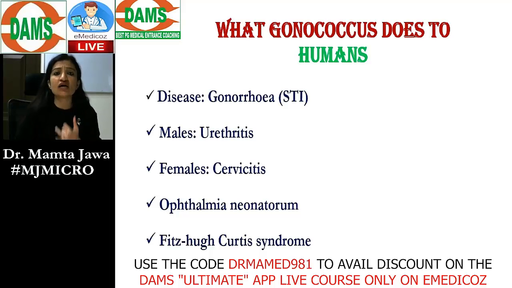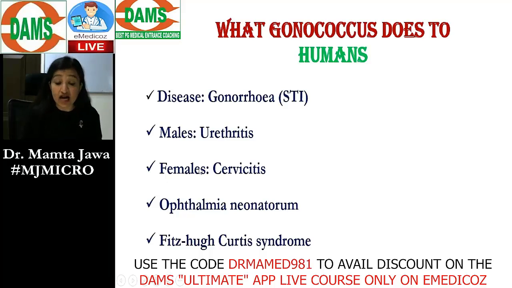Remember, gonococci are the most common cause of septic arthritis in sexually active adults, both males and females. And this complication, disseminated gonococcal infection, is seen not just in males but also in females. So one complication common to males and females is disseminated gonococcal infection, that is DGI. And remember, DGI is more common in those individuals who are deficient in the late complement proteins.